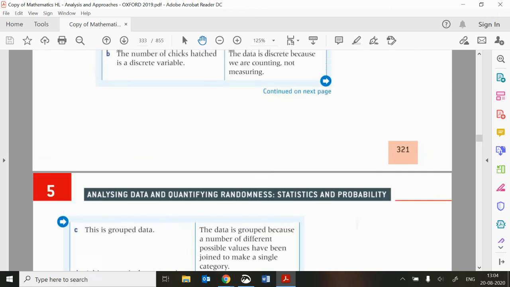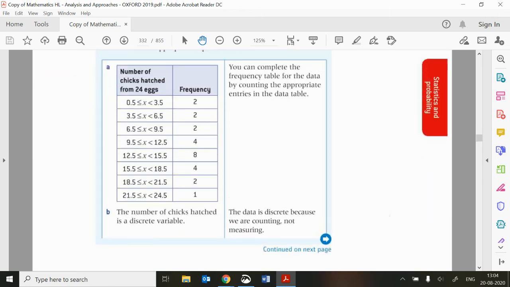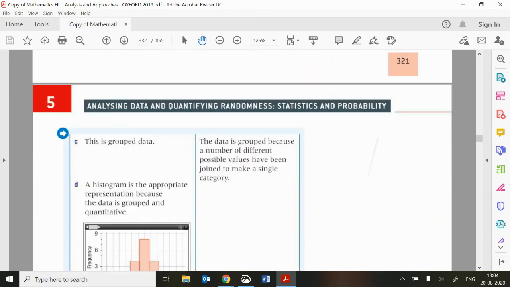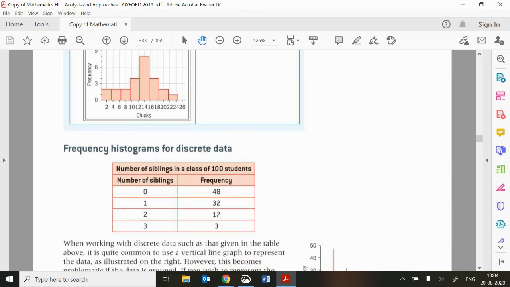So yeah, it's very interesting, this point here where they've said, if you've got between 0.5 and 3.5 chicks hatching, that's just really our grouping that we've got in order to make a histogram, in order to come up with an x-axis scale and to plot these things on there.